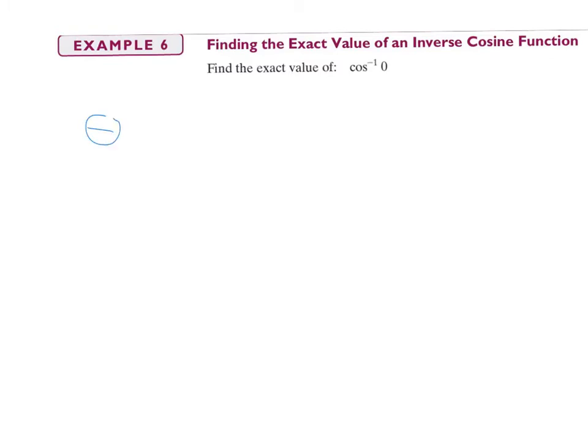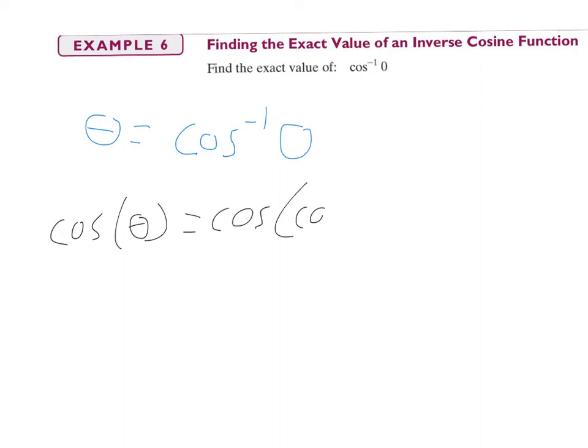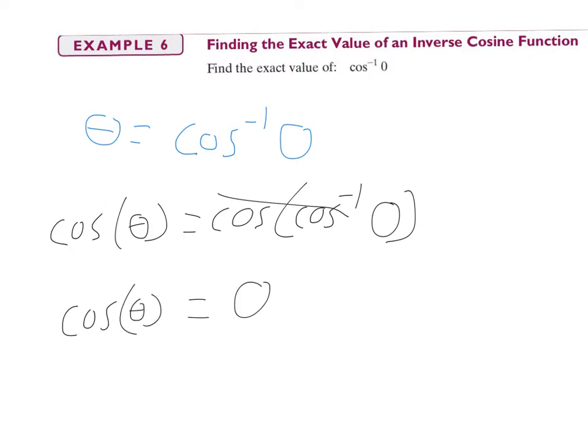Remember, when you take an inverse trig function, it gives you a particular angle, so you want the angle that you get whenever you take cosine inverse of 0. And if we take cosine of both sides, you have cosine of theta equals cosine of cosine inverse of 0. The cosine and cosine inverse cancel out, so you have cosine of theta is equal to 0.